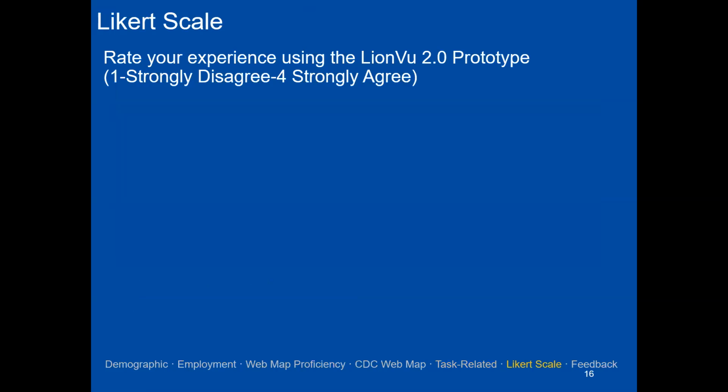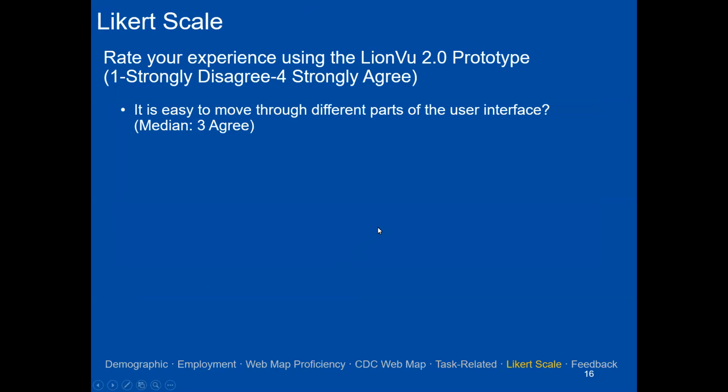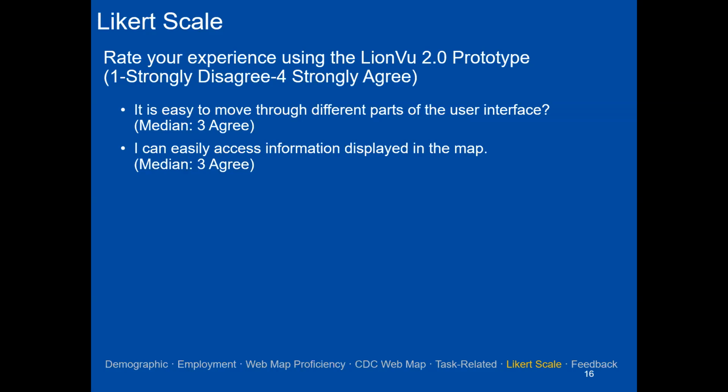In this task, I rated my experience using the LineView 2.0 prototype, with 1 being strongly disagree and 4 being strongly agree. It is easy to move from different points of the user interface: the median was agree. I can easily access information displayed in the map: the median was also agree.